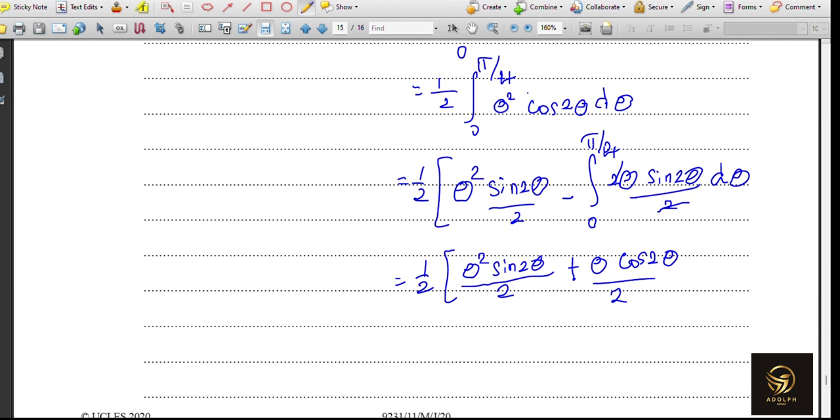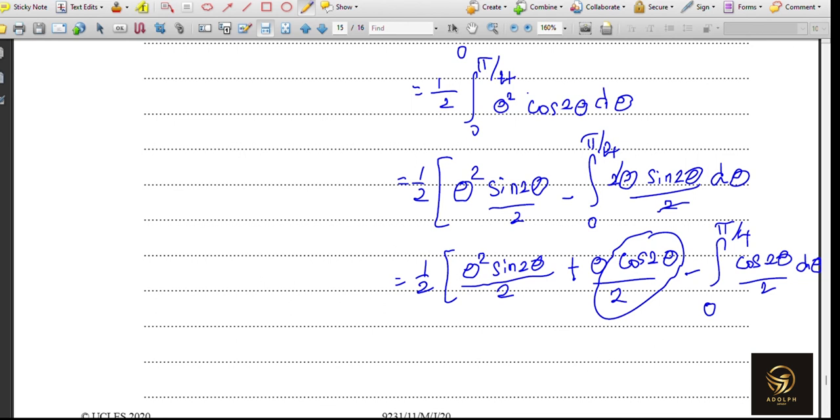Then after that, I will be having minus integral over 0 to pi by 4, then theta, if I differentiate, it's going to be 1, and cos 2 theta divided by 2, this value will be here in the integration.